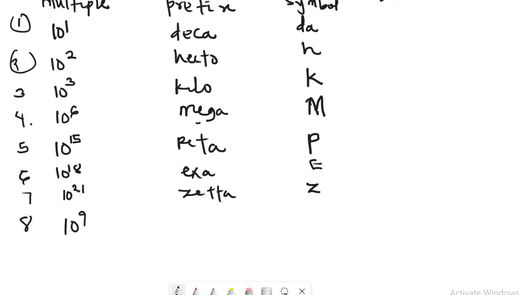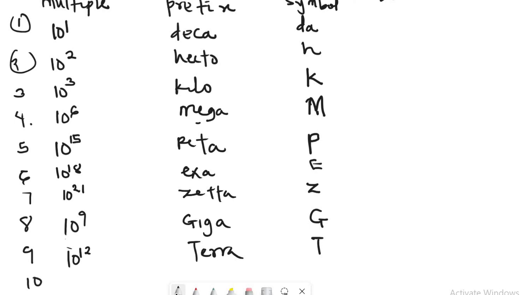That's the one they call giga. The symbol is capital letter G. Okay, 10 raised to power 12 too is common. That's tera. The symbol is capital letter T.